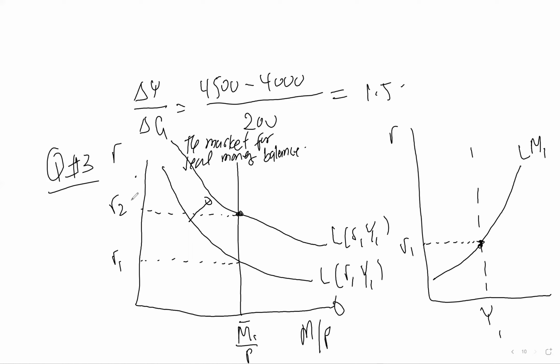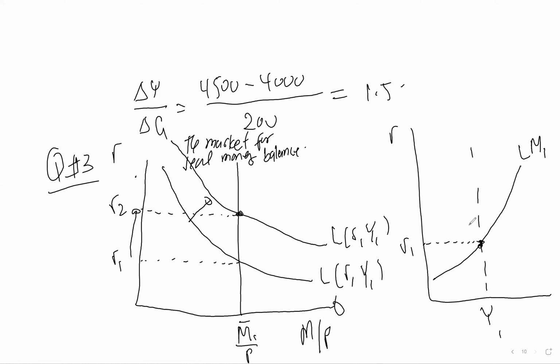So at the initial value of income, the interest rate must rise to restore equilibrium in the money market.